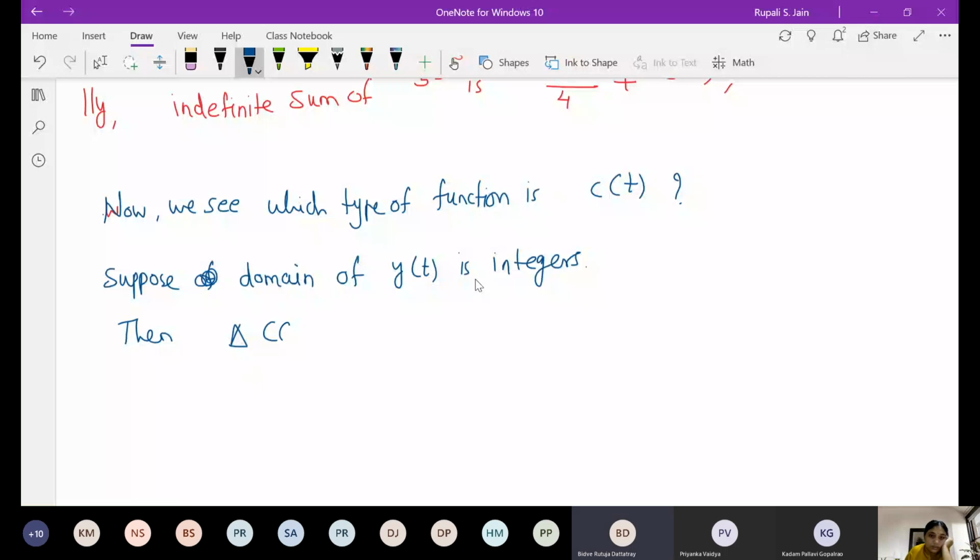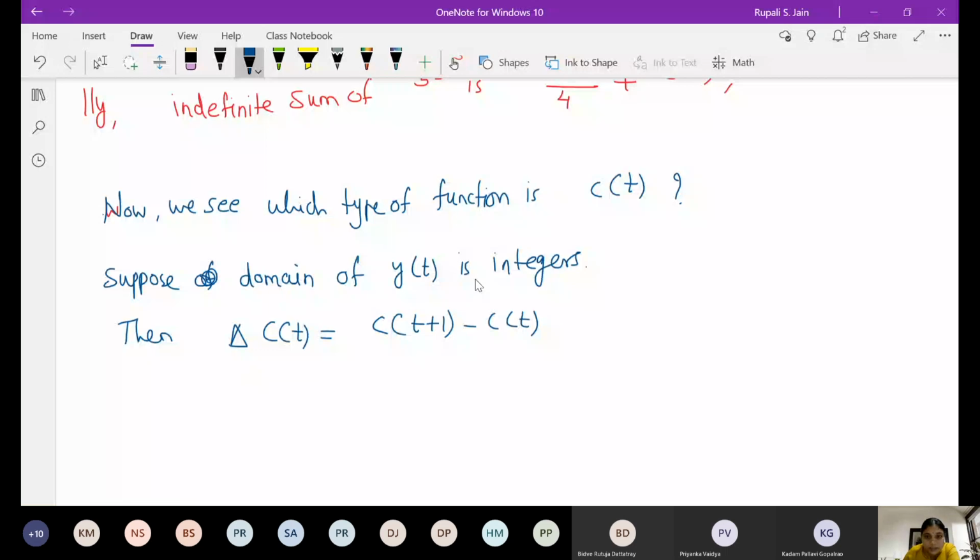If the domain is integers, it is c of t plus 1 minus c of t, right? Are you getting this? Now I am trying to find what that c of t is, whether it is a constant or something else.